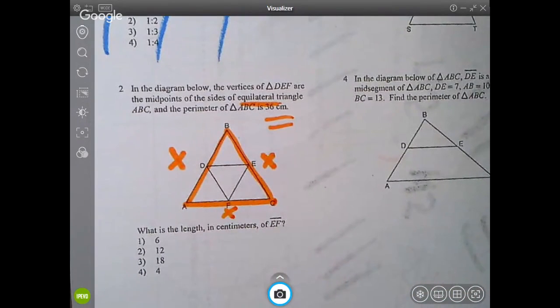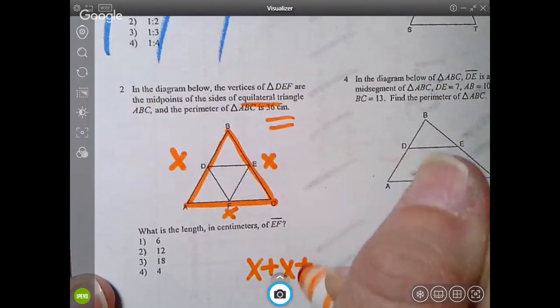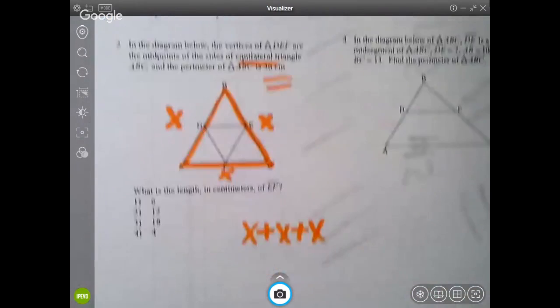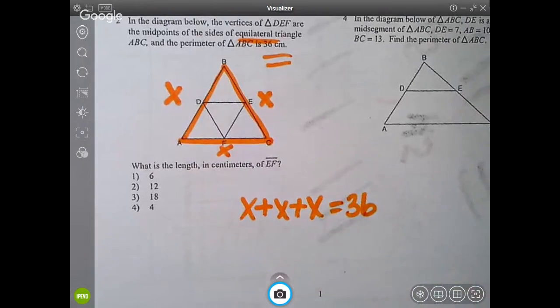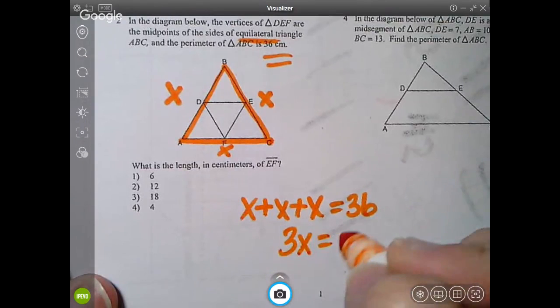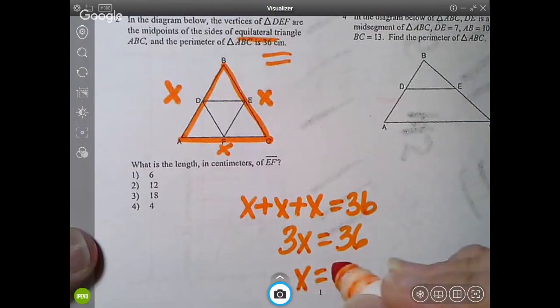So how do we find perimeter again? Add all the sides. I'm writing more steps than you might need to, but I'm going to have 3X, and it tells me the perimeter is 36. So 3X equals 36. X equals 12.